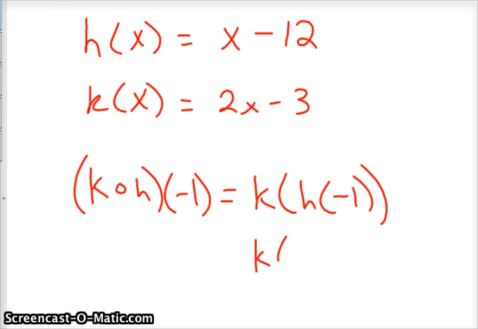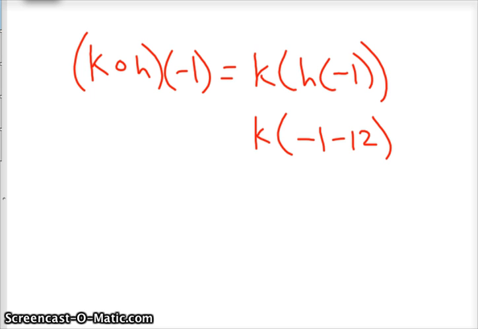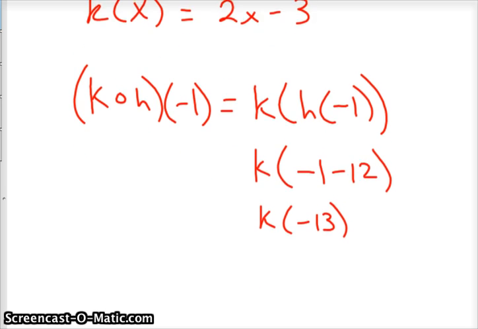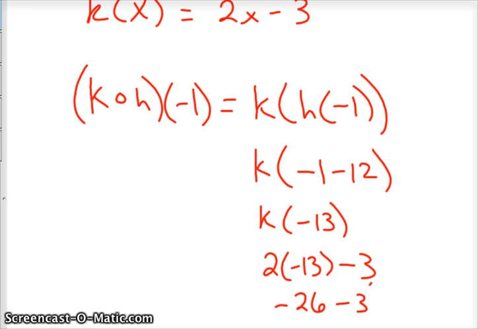You do the inside stuff first, so h at negative 1 is negative 1 minus 12, which gives k at negative 13. Now you take the negative 13 and plug it in for x in k. k is 2x minus 3, so you'd have 2 times negative 13 minus 3, I put the parentheses in the wrong spot. So you get negative 26 minus 3, and that is negative 29. So all of that composes to negative 29, unless I made an error.